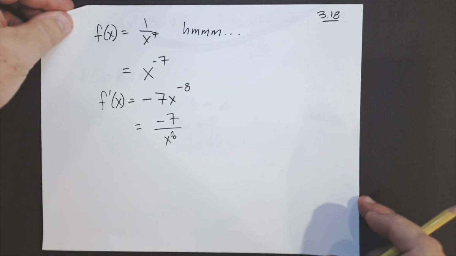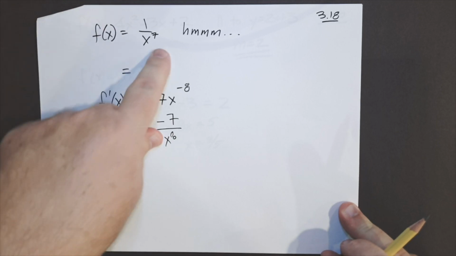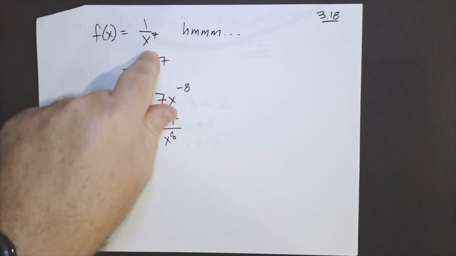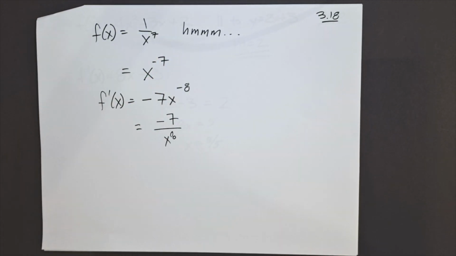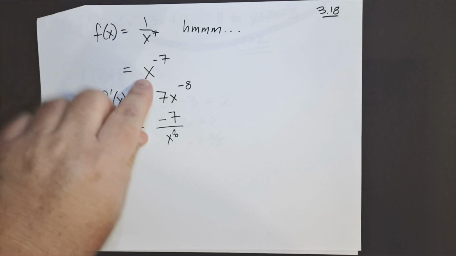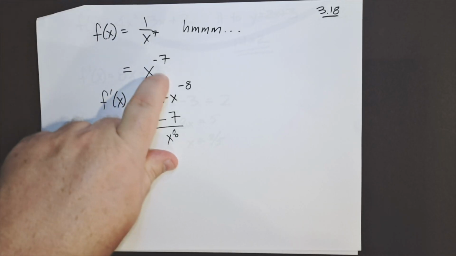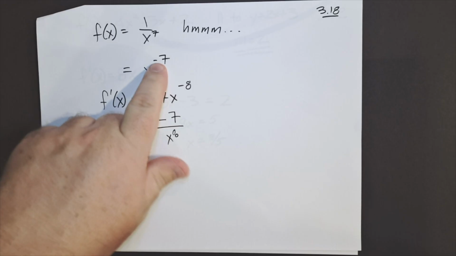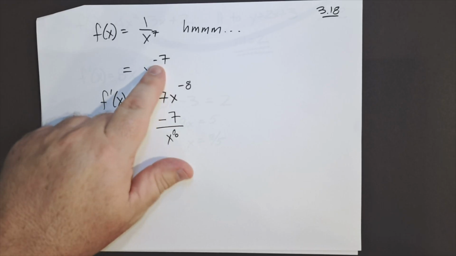Ooh, a tricky one. So we have f of x is 1 over x to the 7th. You might think that we want to do a quotient rule here, but remember, 1 over x to the 7th is the same as x to the negative 7. So, can we use the power rule with negatives? Yes, you can.